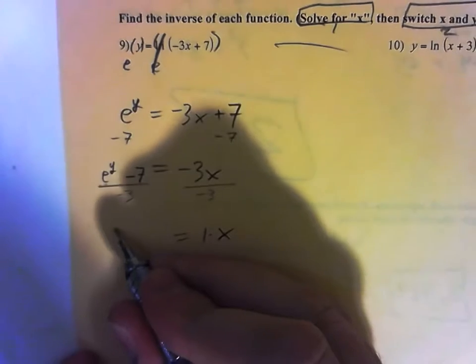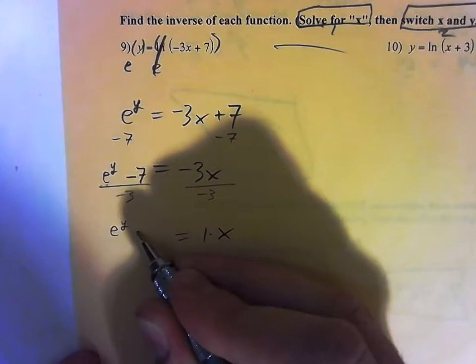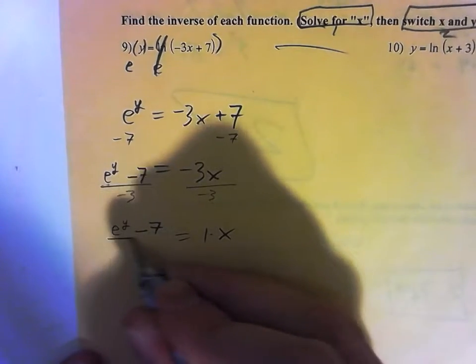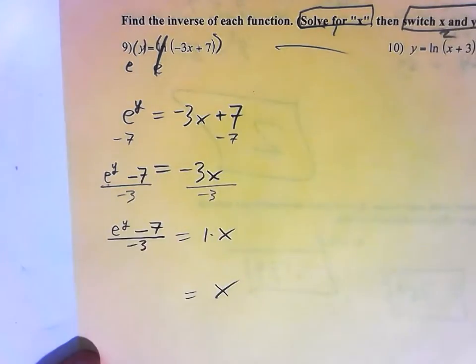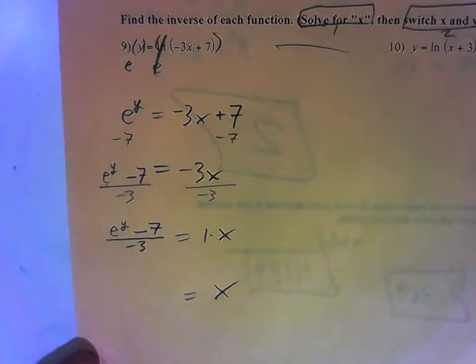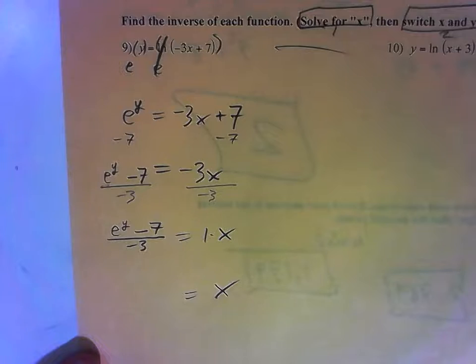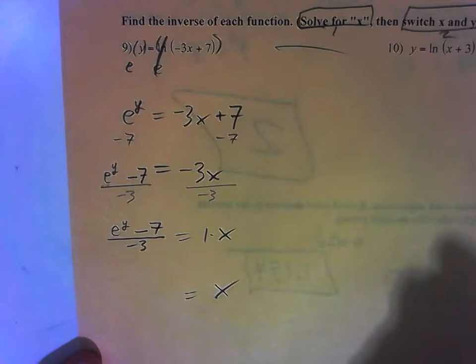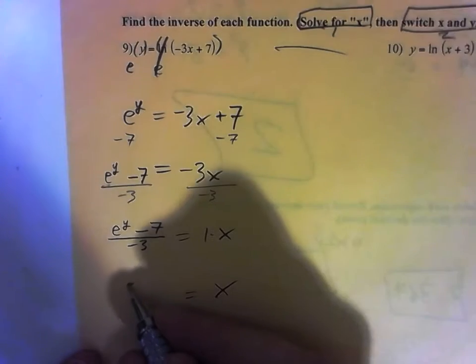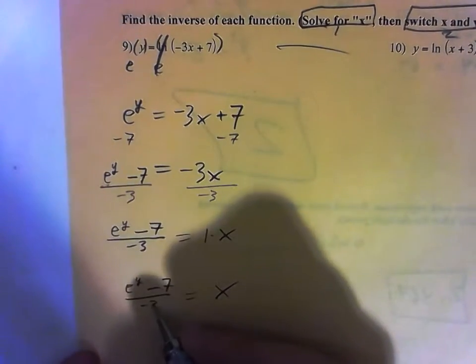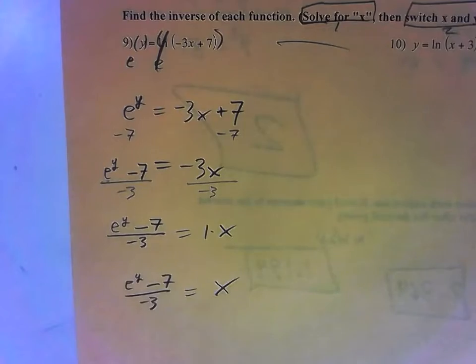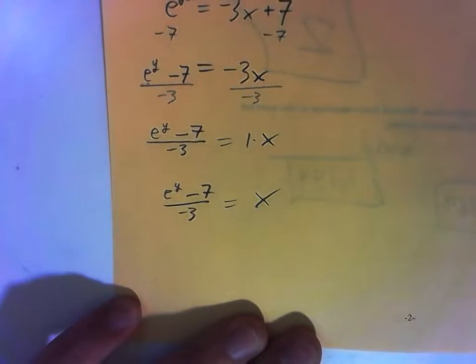And write this all out, e to the y minus 7 over negative 3. So really that's all we could do there, I guess. Didn't really do anything there. Just wrote it again.